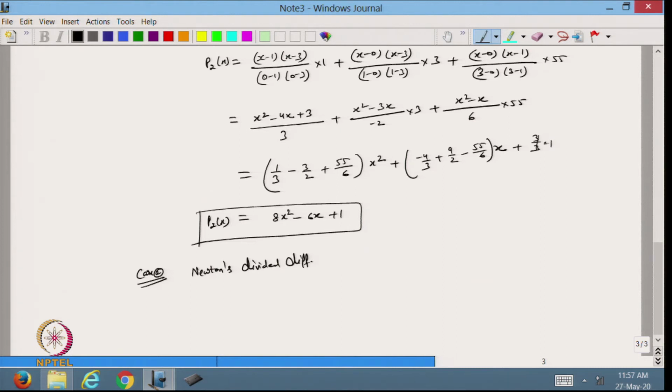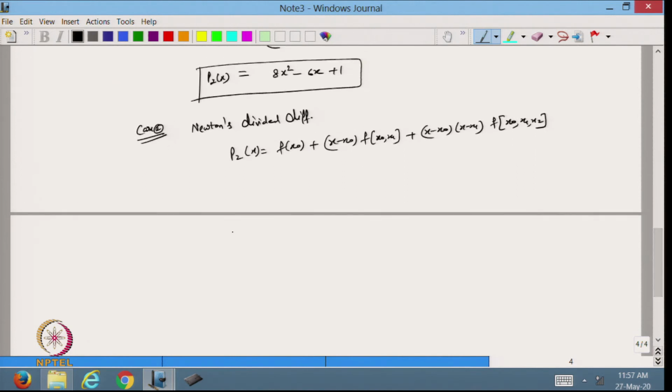So, Newton divided difference, now P2(x) is f(x0) plus (x minus x0) times the first divided difference plus (x minus x0)(x minus x1) times the second divided difference. So, this is what we want to find out.